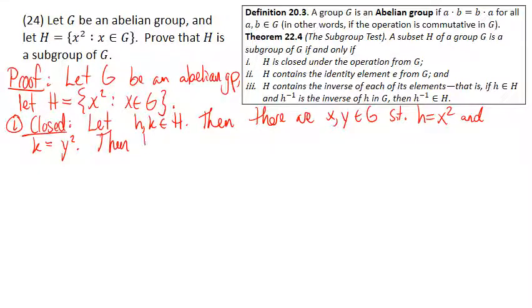Okay, so then little h, little k is equal to x squared, y squared. And now it's important that the group is abelian, because at this point what we need to do is say that this is xy squared, because G is abelian.